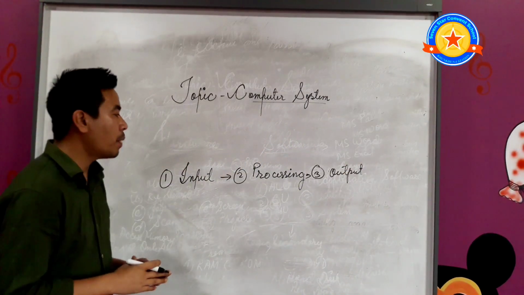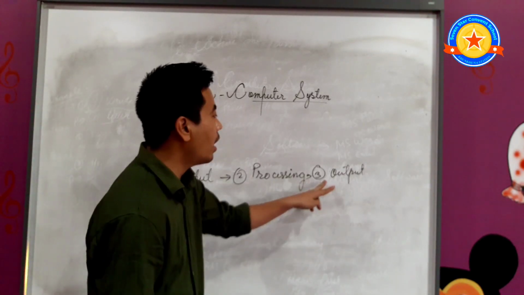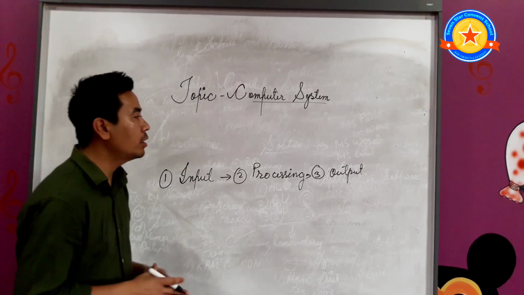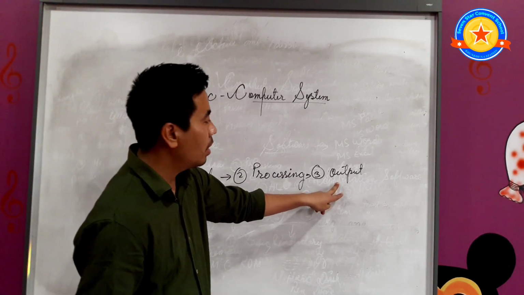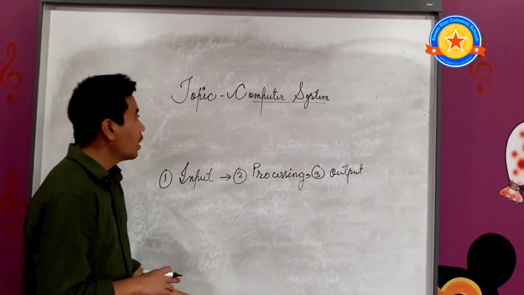So a computer runs by three steps: input devices, processing device, and output device. After the processing device, whatever result comes out on some devices, those are known as the output devices.